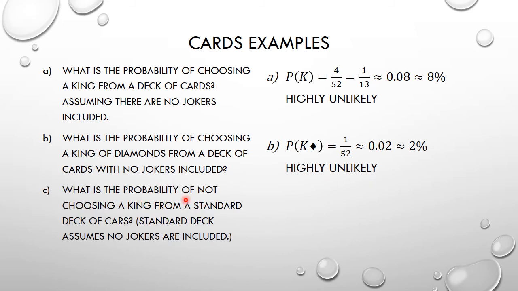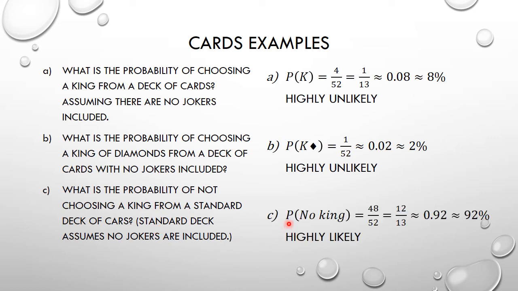What is the probability of not choosing a king from a deck of cards? So the probability of not getting a king is 52 minus the 4 kings, which gives us 48 out of the 52 cards, 12 out of 13, which is more or less 0.92, 92%, which makes it highly likely.